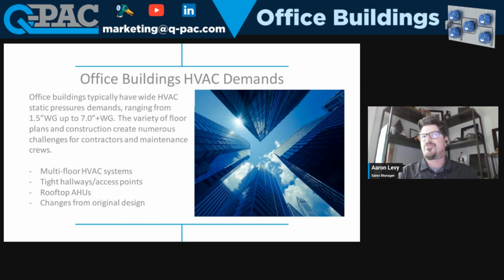A lot of challenges that we'll face are multi-floor HVAC systems where one unit controls anywhere from 2 floors to maybe 14. So you end up having these big blowers, tight hallways and access points, even rooftop air handlers. Sometimes you'll get them on the rooftops of these big, tall buildings. So if they wanted to replace that unit as a whole, they need cranes or something like that.